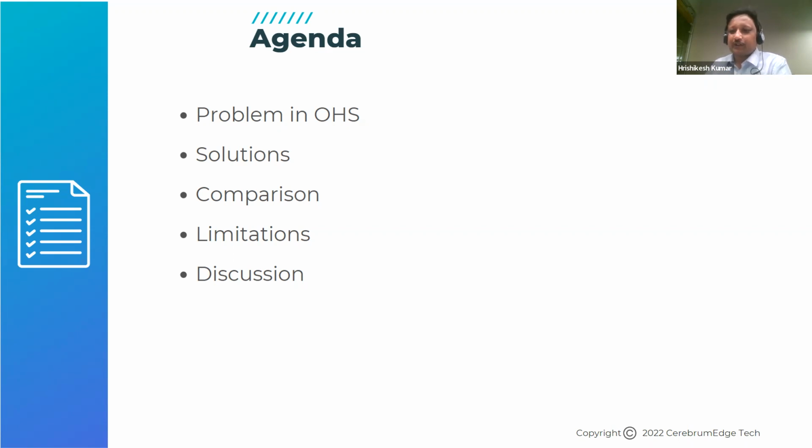And the problem is that the data captured, especially the environment-related data, about what kind of safety or health impact we have in our workspaces, is very minimal or almost negligible.